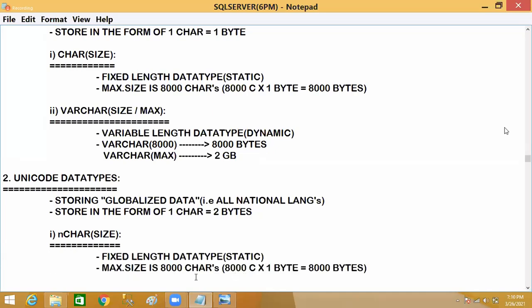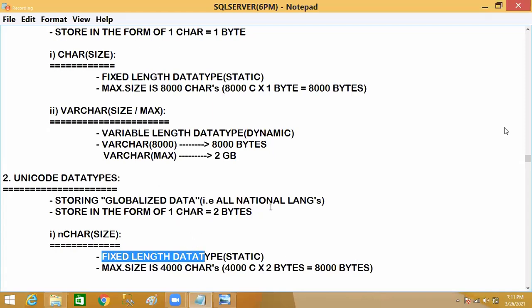The nature is fixed length data type, but here the maximum length is 4000 characters. Then 4000 characters into how many bytes? 2 bytes, so 8000 bytes of memory is going to be occupied. But since it is a fixed length data type, the memory problem comes out here also.